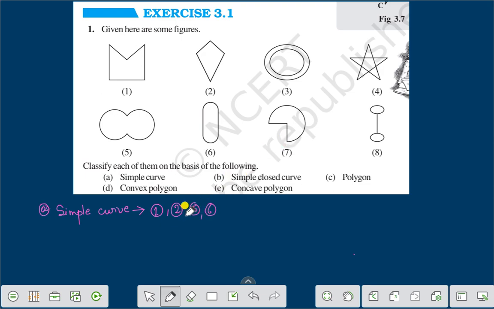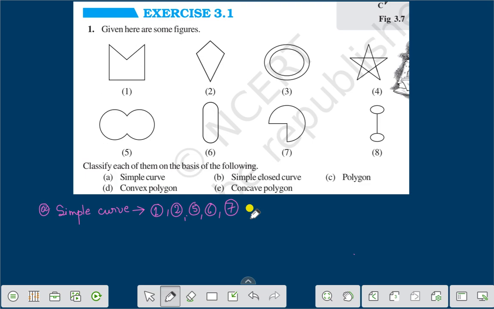And if here you see 7, we start from here and come here, this is also a simple curve. 1, 2, 5, 6, 7 are simple curves. 8 is not a simple curve, right? Therefore 1, 2, 5, 6, 7 are simple curves, right?